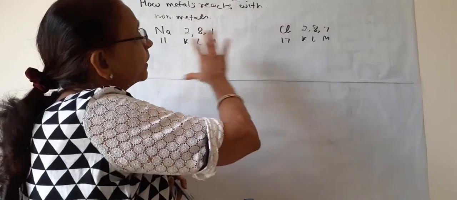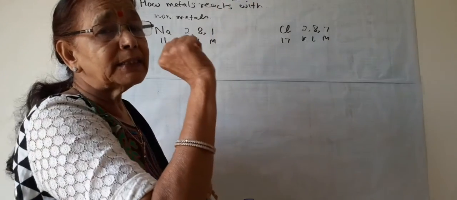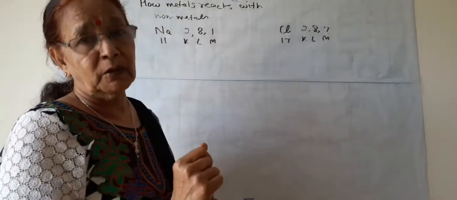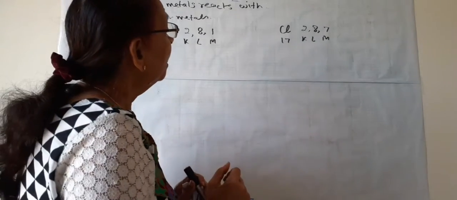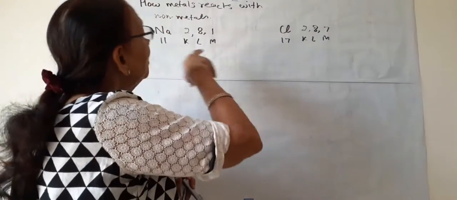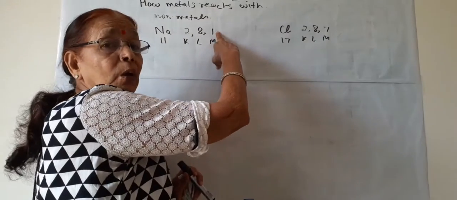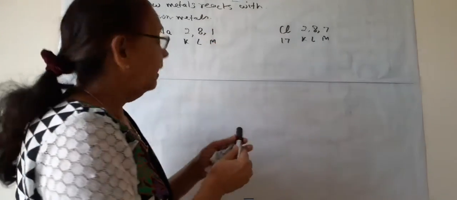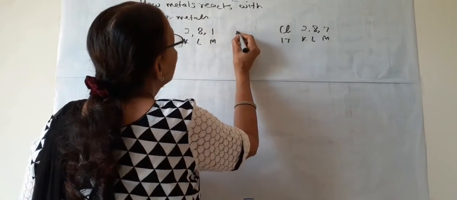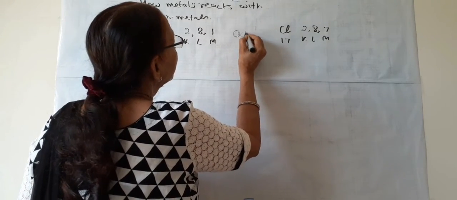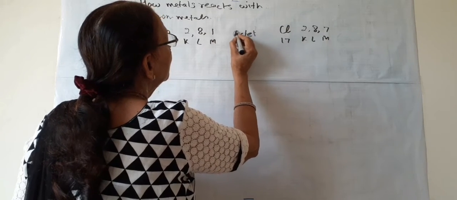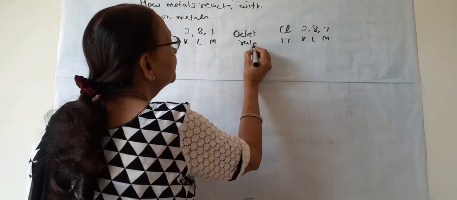We know that all the elements have a tendency to form a stable configuration. How will the configuration be stable? When the last shell or the valence shell has 8 electrons, and this rule is known as the octet rule. Octet means 8.